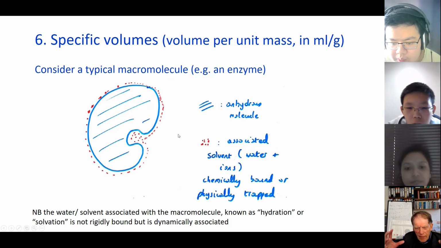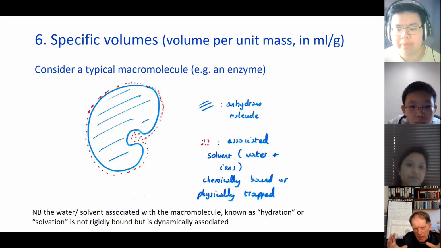So the hydration, or solvation, or swelling of the molecule is a dynamic process which has a time averaged effect. So the volume of a protein or whatever is larger because of these hydration effects in solution.